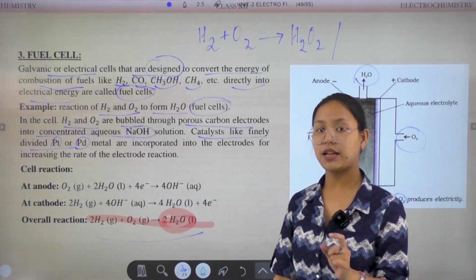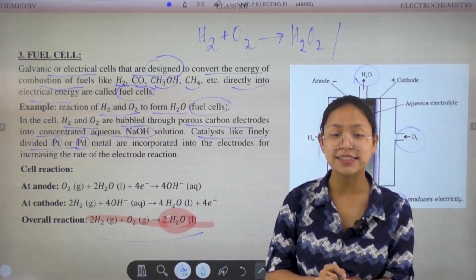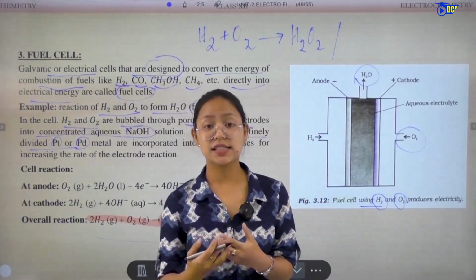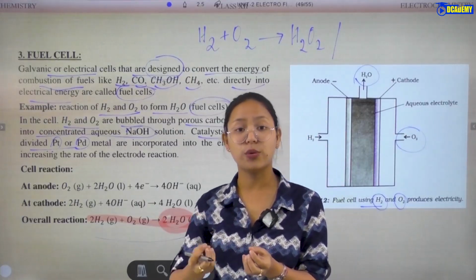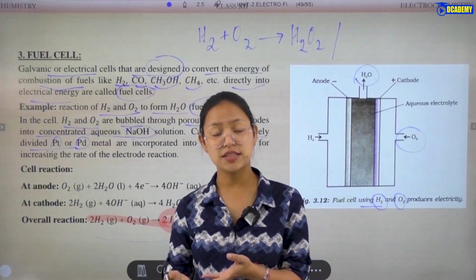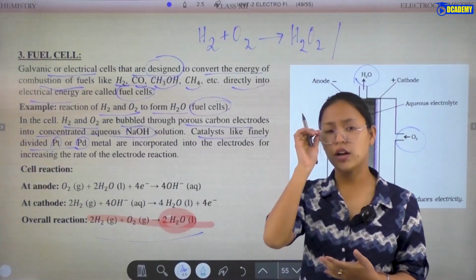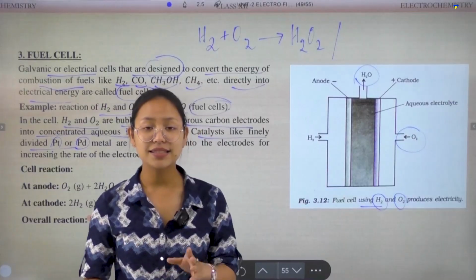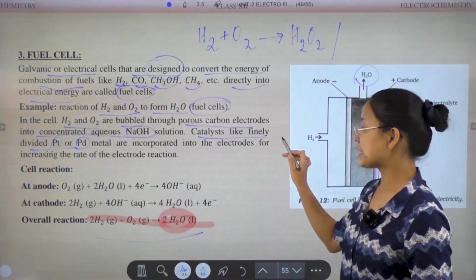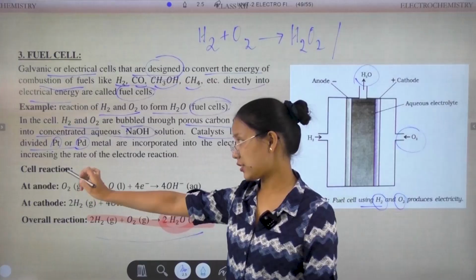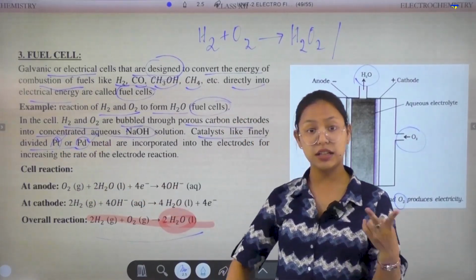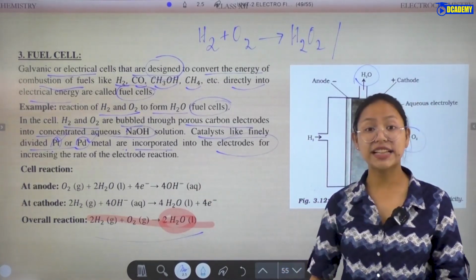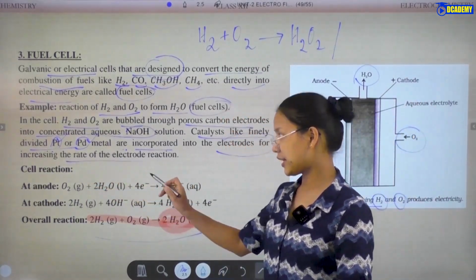So what is a catalyst? A catalyst is a type of substance which is going to speed up the reaction. Catalysts like finely divided platinum and palladium are incorporated into the electrodes for increasing the rate of the electrode reaction.